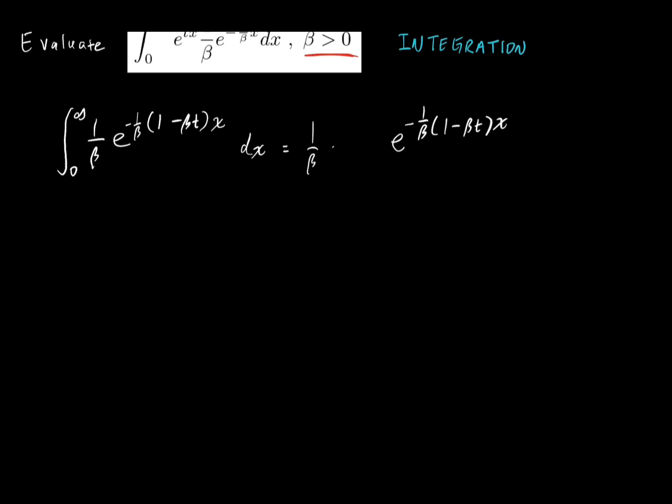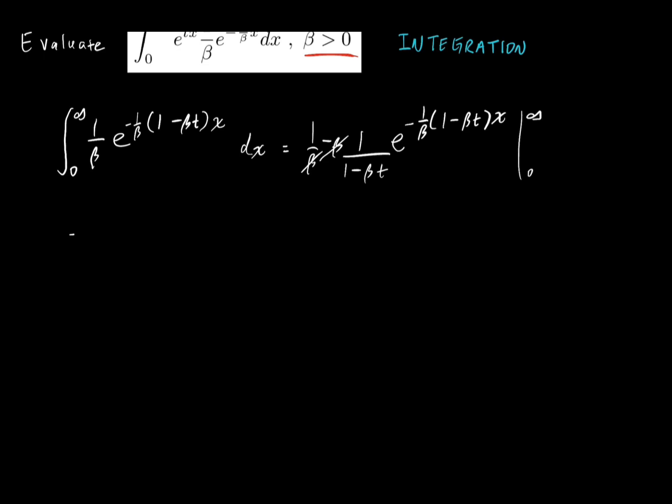Now, the integration of e does itself, but remember the reverse chain rule, so we have to multiply it by the reciprocal of this, which is minus beta times 1 over 1 minus beta t. So betas will cancel. We'll be left with, oh, remember this is from 0 to infinity.